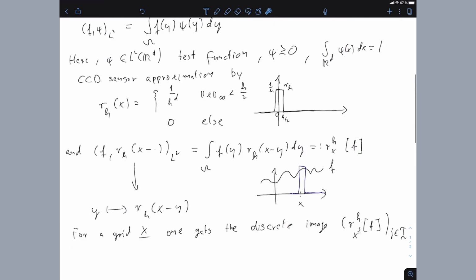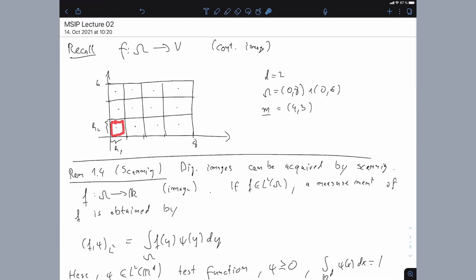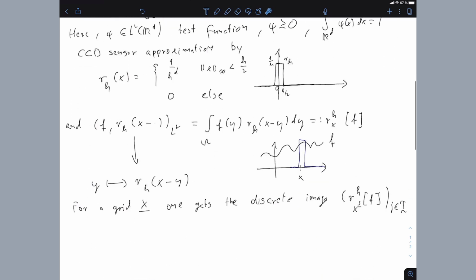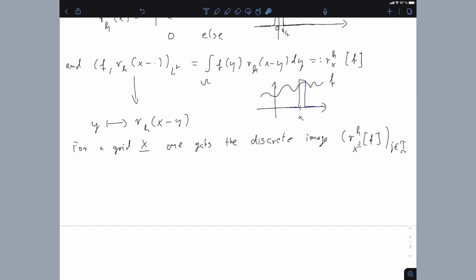So for every one of these cells, we take a psi that is 1 over h to the d in here to get the average value of f in each of the cells separately. So we convert the function into a discrete image. And this can be used to convert continuous images into discrete images. You can also use this to downsample images, for instance. If you want to halve the resolution or resample to a different resolution, you can use this too.